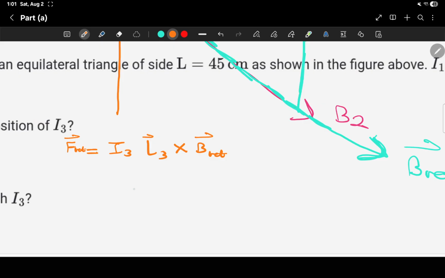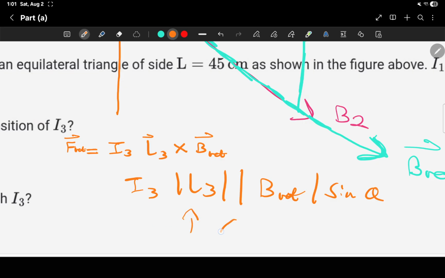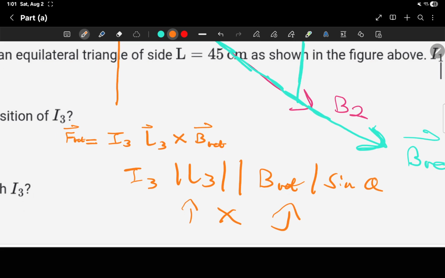There is the following for this equation: the magnitude of the length, the magnitude of the net magnetic field, and sine of the angle between them. And then the other definition is where you actually do the cross product, like using the unit vectors. So that's all we're kind of going to do.